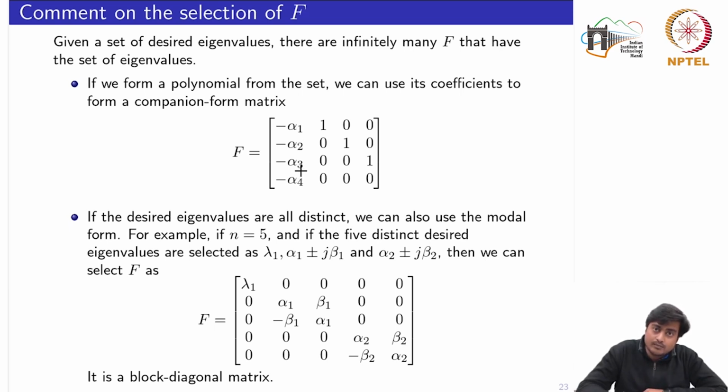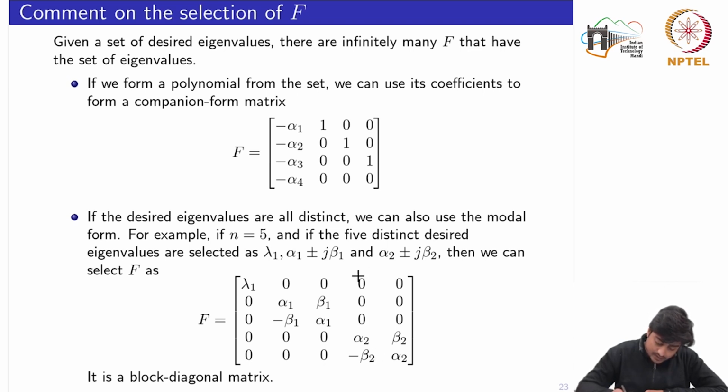If I write the characteristic polynomial of the F matrix, these would be the coefficients, and arranging all these coefficients into this form would yield me a companion form matrix whose eigenvalues would definitely be the required eigenvalues. Now this particular F matrix we have also seen in some of the tutorial problems.